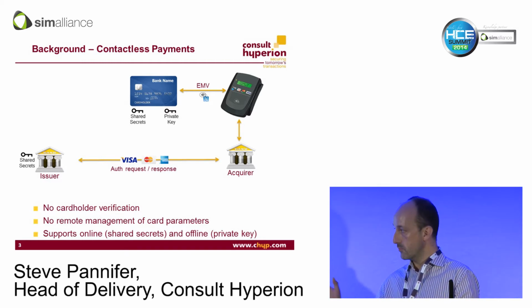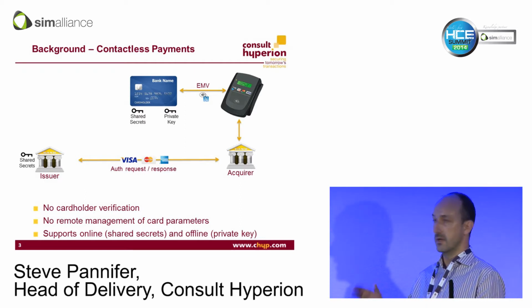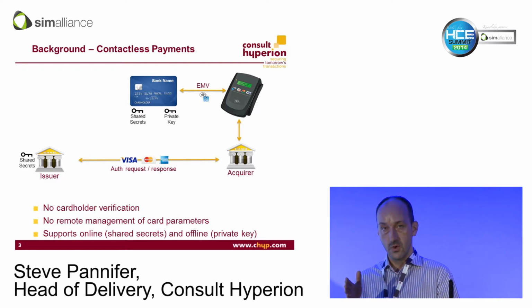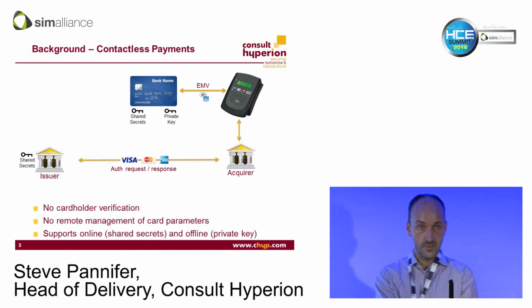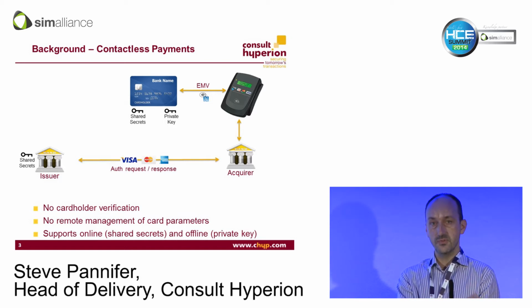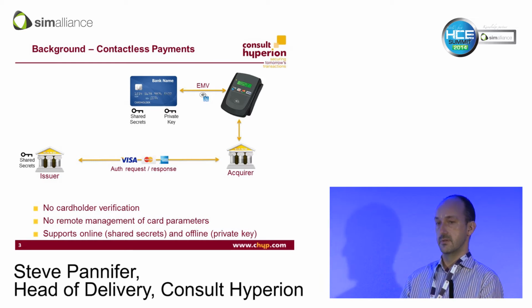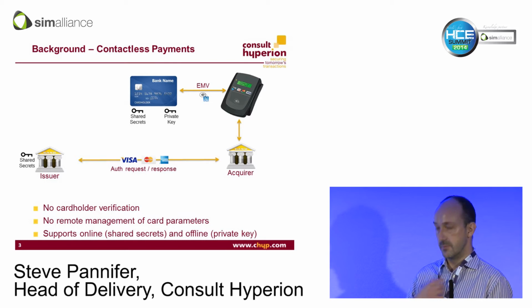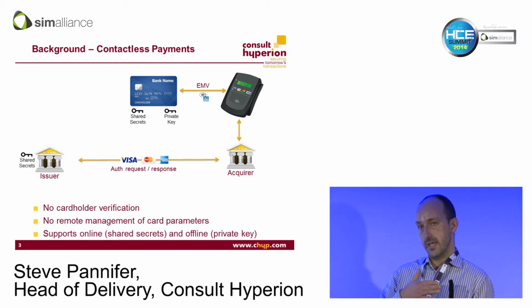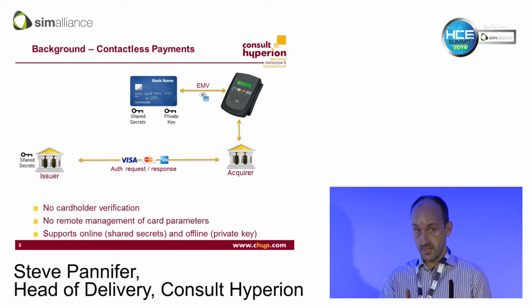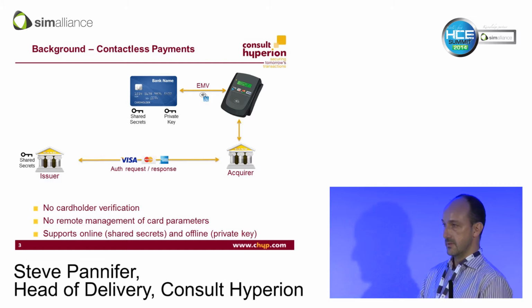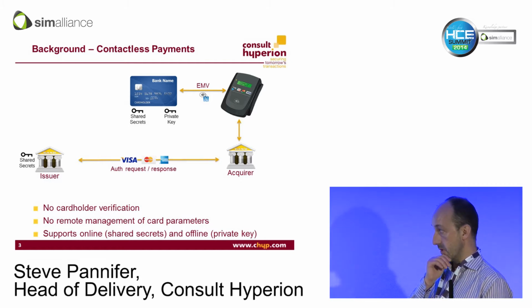I'm going to briefly look at what they are, where the security is, and then show what changes between there and normal NFC, where you use the secure element, then move into HCE and show how that introduces some security gaps. Then we'll think about some of the emerging technologies that may help us address those gaps. My objective is to explain what HCE is, and then think about some of the tools that we might use, some including the secure element, some not, to help us make these payments work.